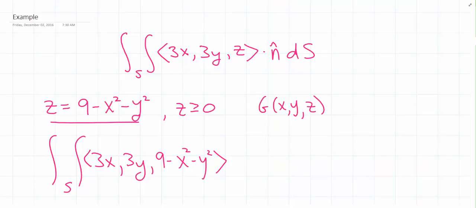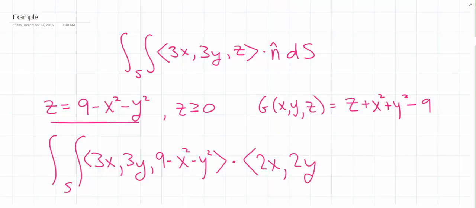This level surface is z plus x squared plus y squared minus 9. Okay, so I bring everything over with the z. Now I'm going to dot my vector field with the partials: the partial with respect to x, the partial with respect to y, and the partial with respect to z. And then I have the dA. Okay, so there's what we have so far.